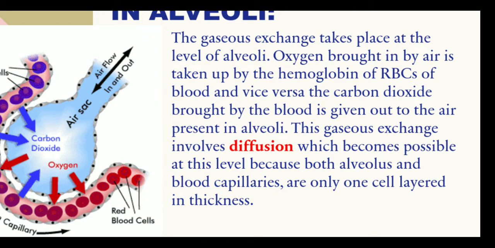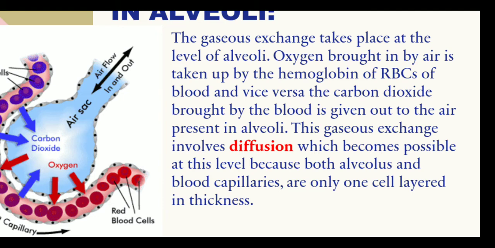This gaseous exchange involves diffusion. Diffusion means the moving of gas from an area of higher concentration to lower concentration, and in this case it is happening through the permeable membrane of the air sac as well as the blood vessel.